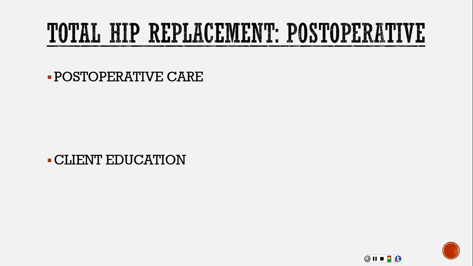Now, if I'm going to turn this patient, how am I going to turn them? To the unaffected side. We don't want to turn them onto the surgical hip. You're not going to want to turn them all the way over.